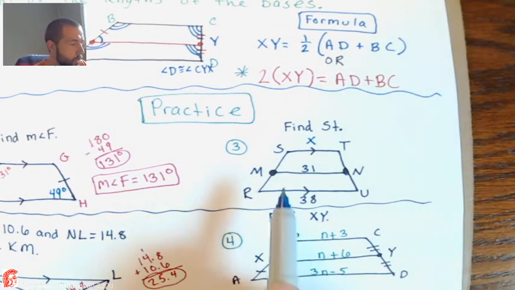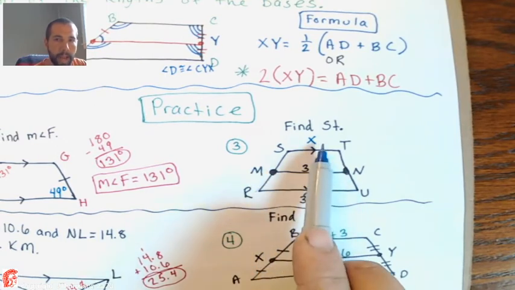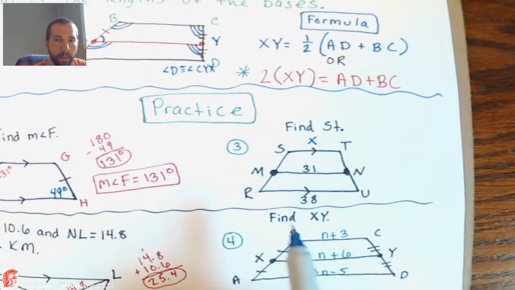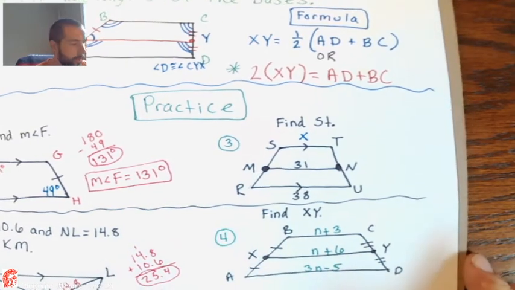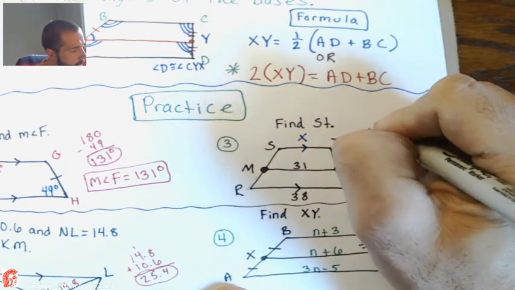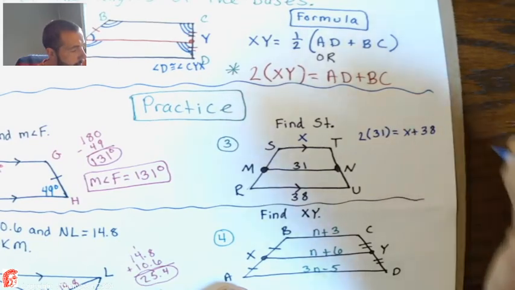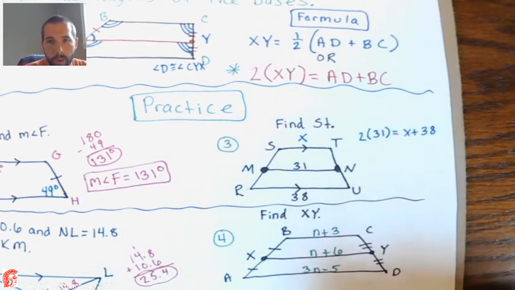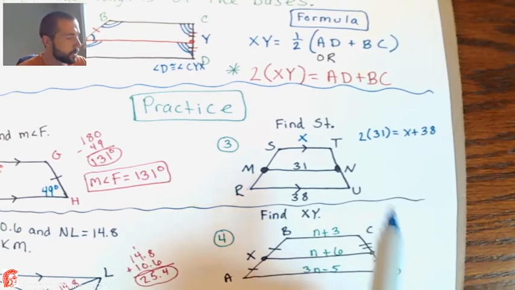Or we could do 2 times MN equals x plus 38. In this case, I'm going to use the 2 times 31 because that way we don't have to deal with that 1/2. So I'm going to do 2 times 31 equals x plus 38. If you want to do it the other way and distribute that 1/2 into the parentheses, that's an option. But I think it's a little bit easier to do it this way.